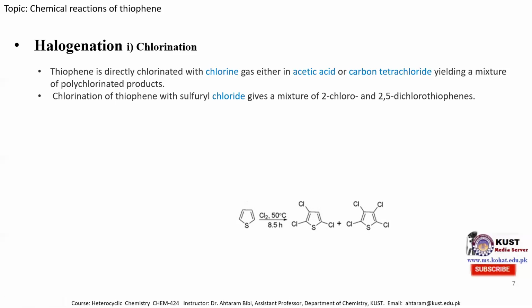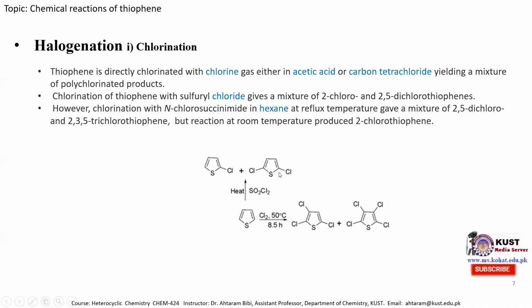Chlorination of thiophene with sulfuryl chloride gives a mixture of 2-chloro and 2,5-dichlorothiophenes when heated. It gives a mixture of 2-chlorothiophene and 2,5-dichlorothiophene. However, chlorination with N-chlorosuccinimide in hexane at reflux, that is at high temperature, gives a mixture of 2,5-dichloro and 2,3,5-trichlorothiophene.